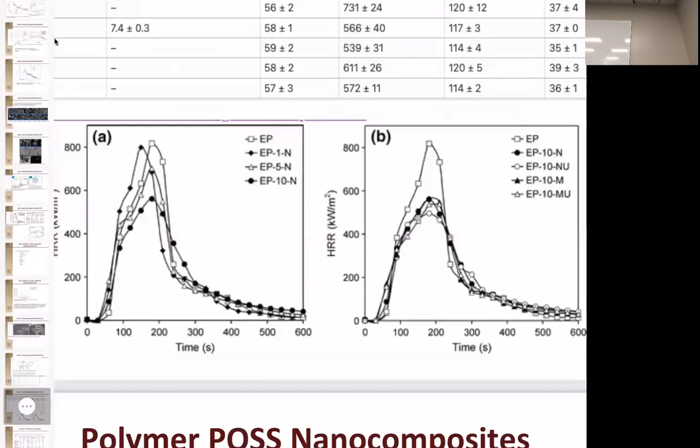So while there is a decrease in this max heat as you load it up to 10%, the total heat is less because they're all tapering out about the same. The max heat is the one that changes. Now, again, to be really good for max heat, so it doesn't set other things on fire, you want it preferably below 200. So, well, there is an improvement here. It's not, we're going to make this into a material.